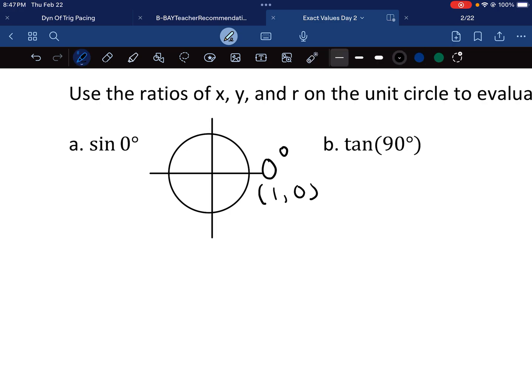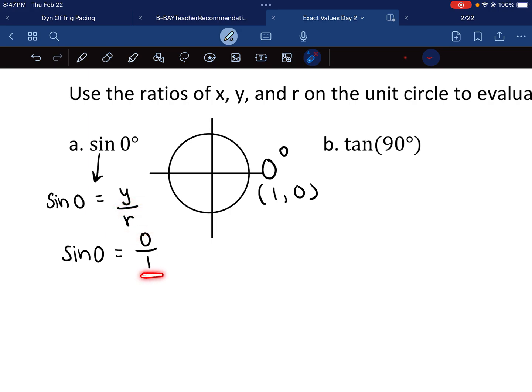So at this point, we know sine of 0 is equal to y over r. This is coming from the chart above. Your y value at 0 is 0. So sine of 0 equals 0 over 1, because the radius of a unit circle is always 1.